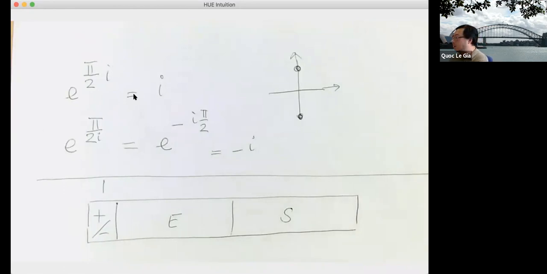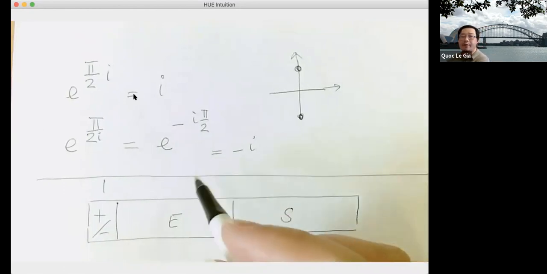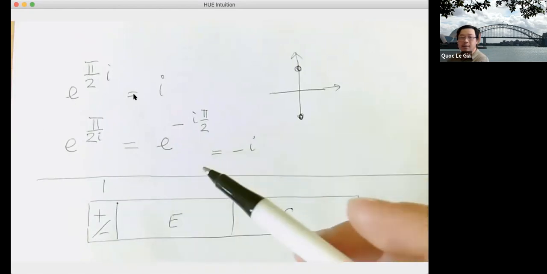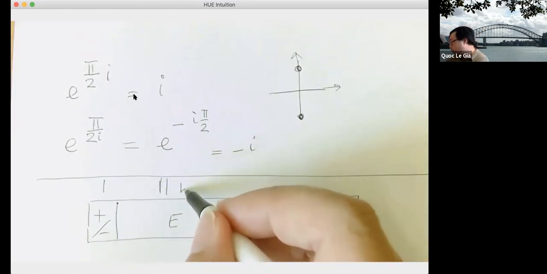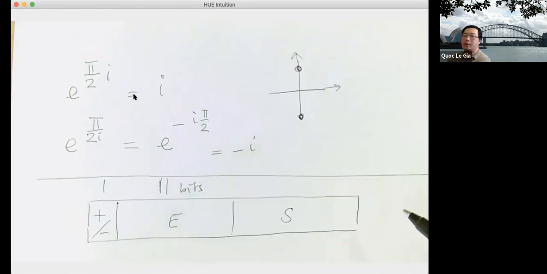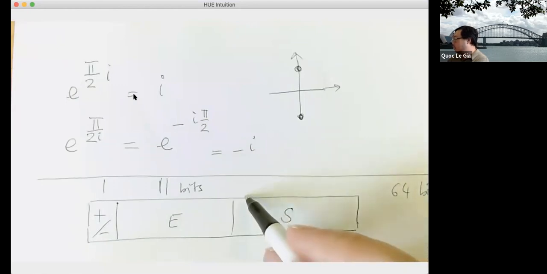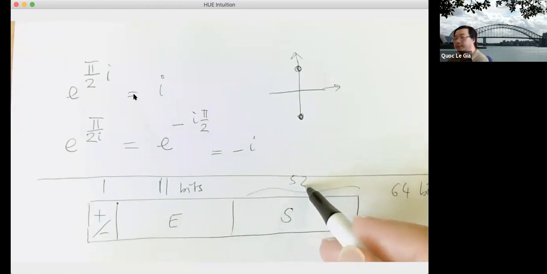Okay, so no question, yeah? So remember, we have 1 bit for plus or minus, and then we have 11 bits for the exponent. And remember, in MATLAB, we just assume everything is in double precision. So in total, we have 64 bits. So therefore, the significand is 52 bits.